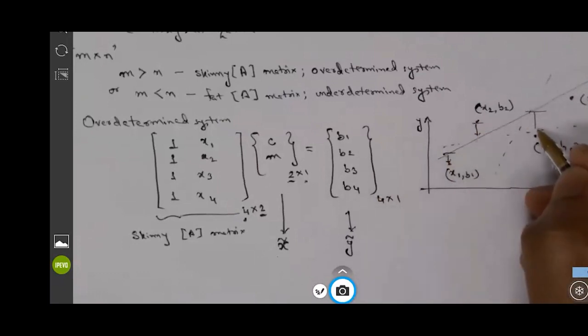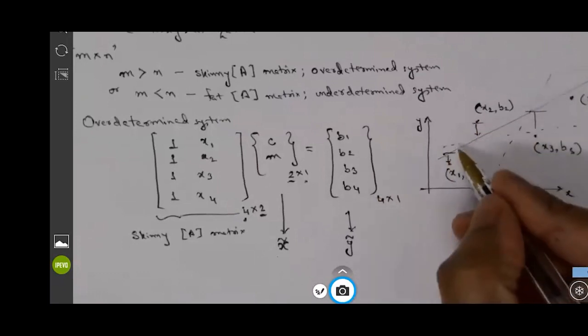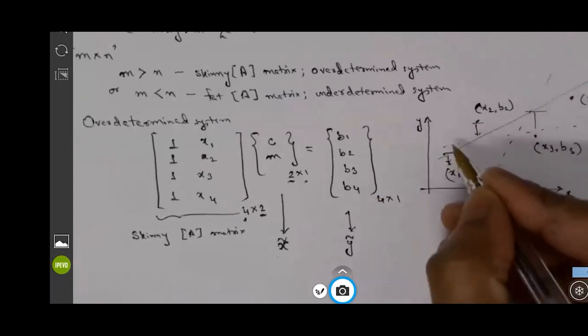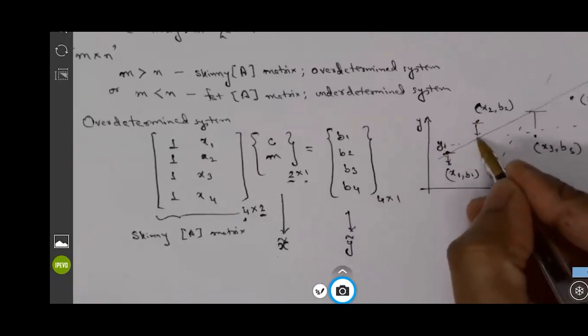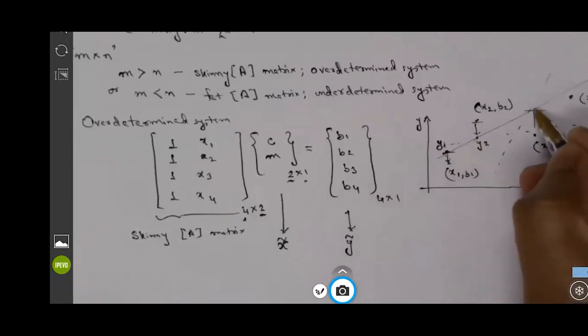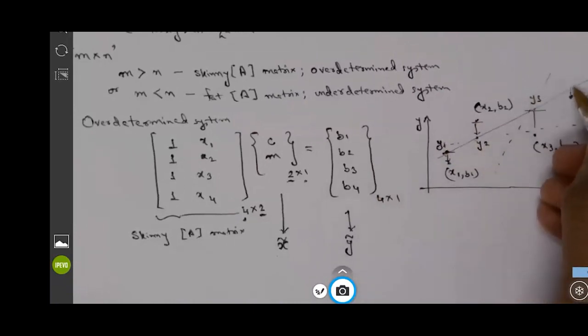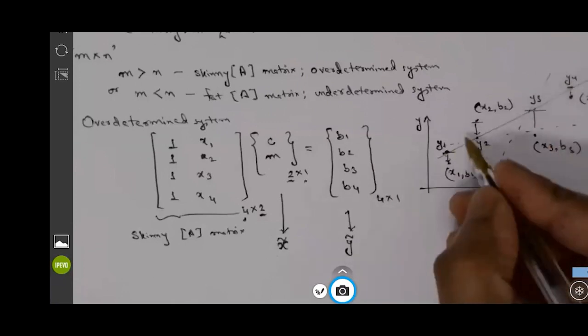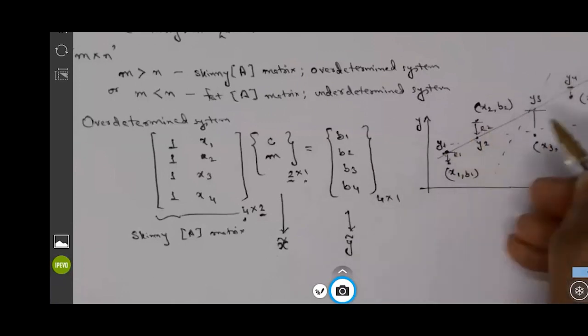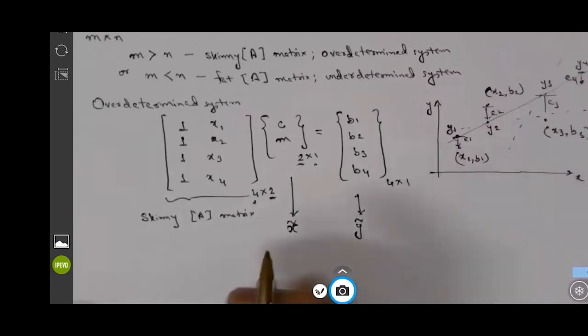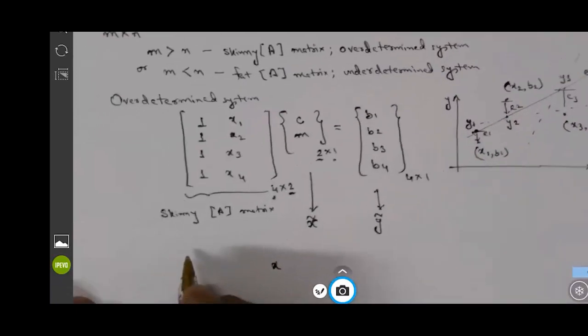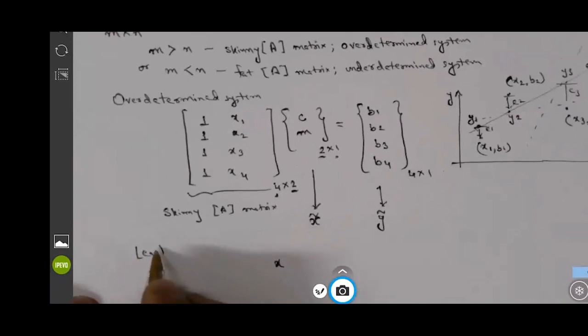For each data point, the actual y value is b1, but from this line the y value I'm getting is y1 here. I'm getting y2, y3 and y4. So the errors that I'm getting have to be minimized. And as we saw in the last part of the last lecture, we generally call that solution the least squares solution.